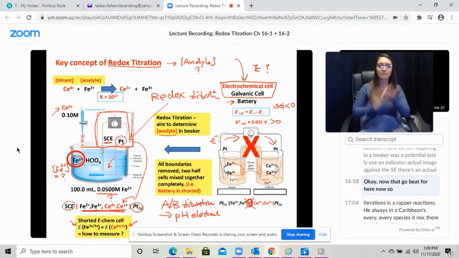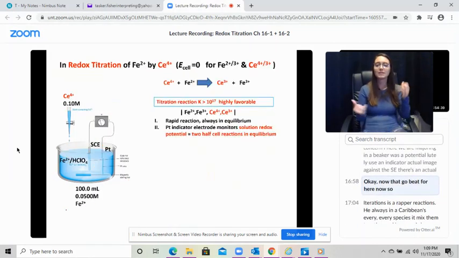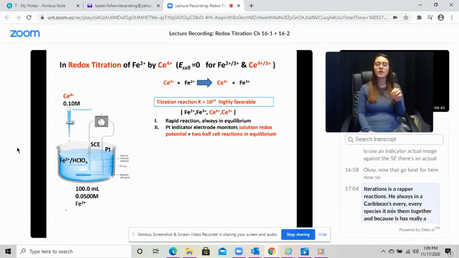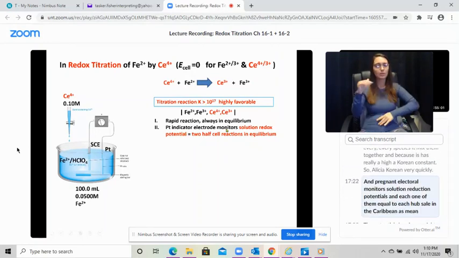Now let's go a bit further. Titration is a rapid reaction. It is always in equilibrium. Every species is mixed together, and because it has a really high equilibrium constant, it reaches equilibrium very quickly. The platinum electrode monitors the solution redox potential, and each one of them is equal to each half cell in equilibrium.